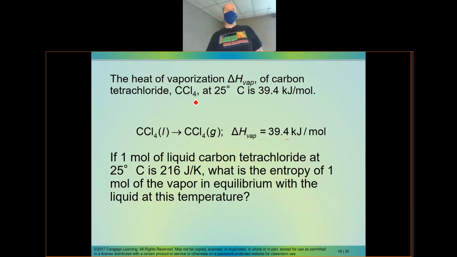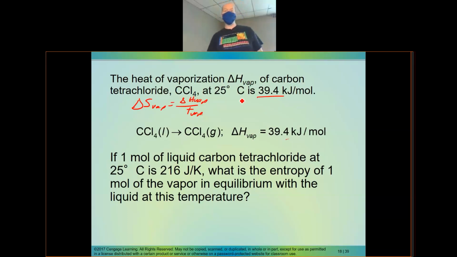All right, so the heat of vaporization of carbon tetrachloride at 25 degrees Celsius is 39.4 kilojoules per mole. And so once we have one or the other, we can calculate the other one. We know that the delta S of vaporization is equal to delta H of vaporization divided by the temperature of vaporization.